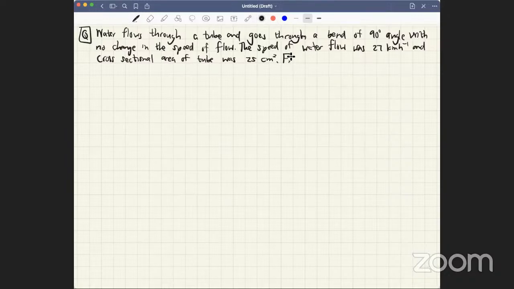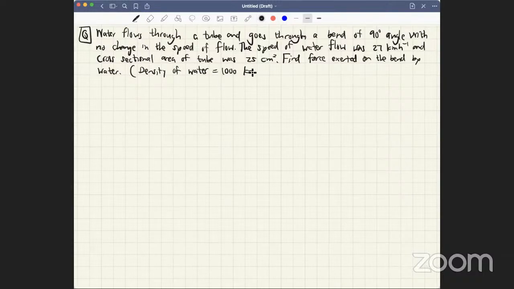Find the force exerted on the bend by water. Okay, what information is missing? Density of water, right? So density of water, as usual, we'll take it as 1000.